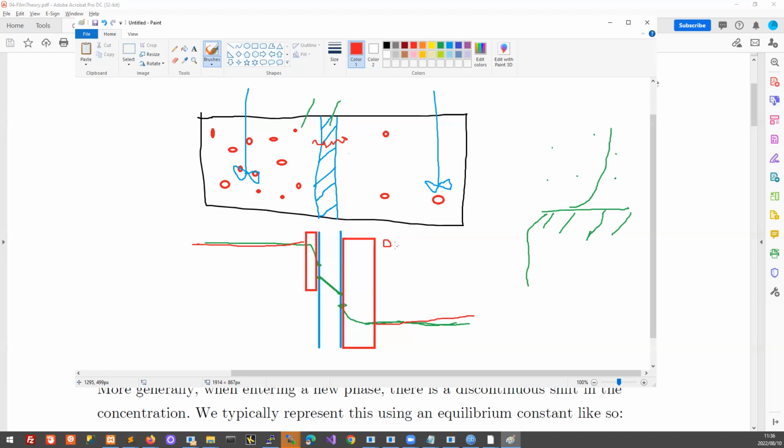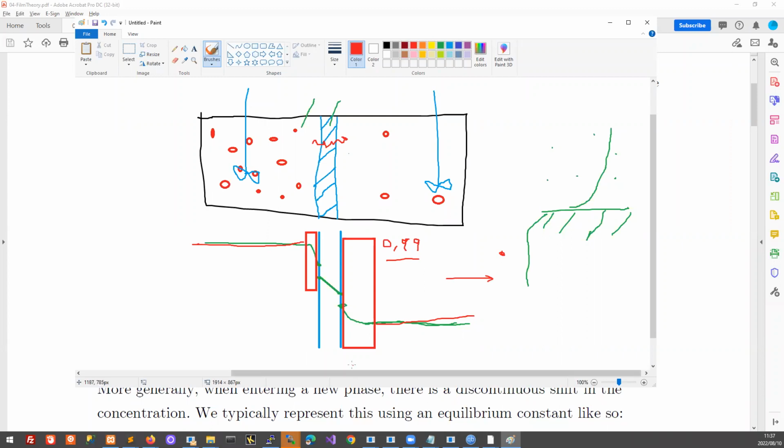We ask: what's the position where the mole fraction in our fluid achieves 99% of the bulk value? If you take an infinite distance down this way, you could identify a certain mole fraction. Let's say the mole fraction of A was 0.8. Then you ask, where is the position where the mole fraction is 0.99 times 0.8?